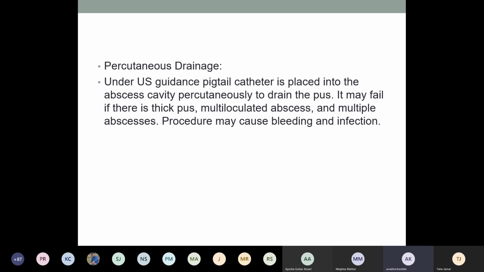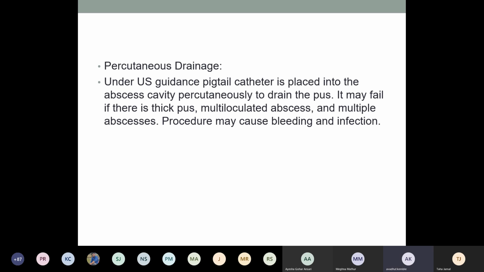Percutaneous drainage is another. Again, it is done under US guidance. A modern pigtail catheter is placed into the abscess cavity percutaneously to drain the pus continuously till the total abscess cavity collapses or the patient becomes symptomless.